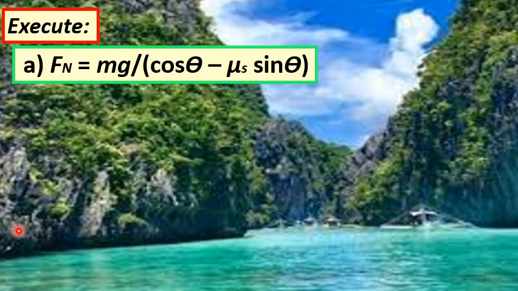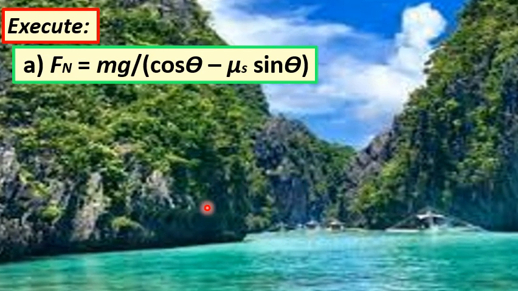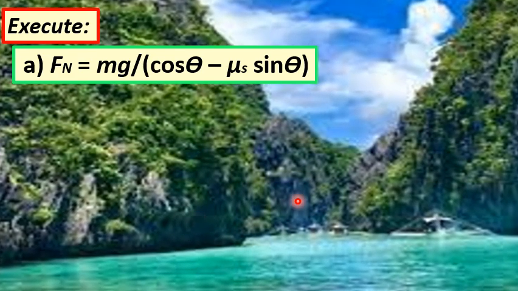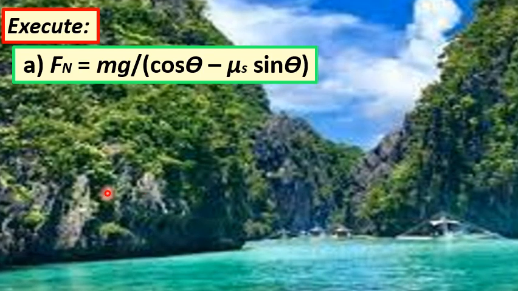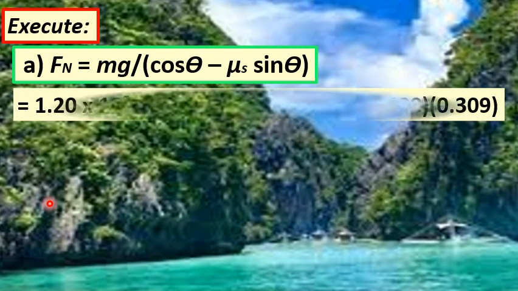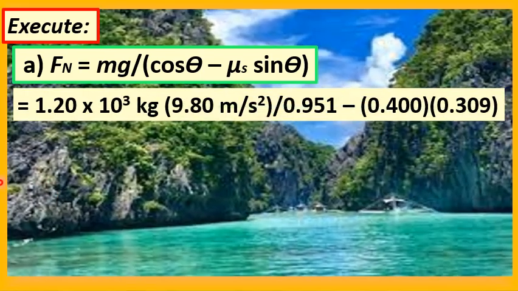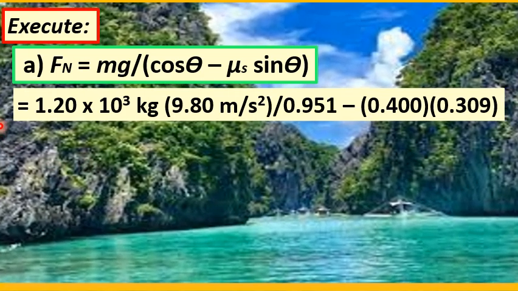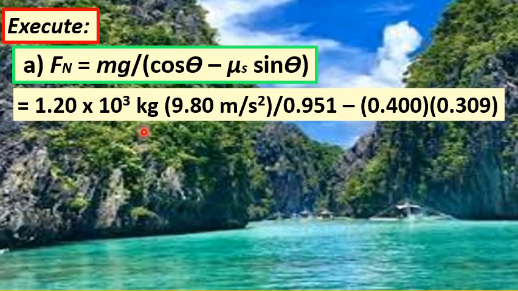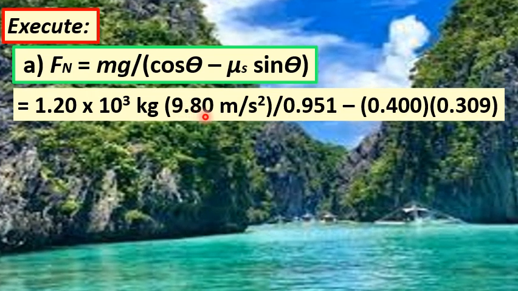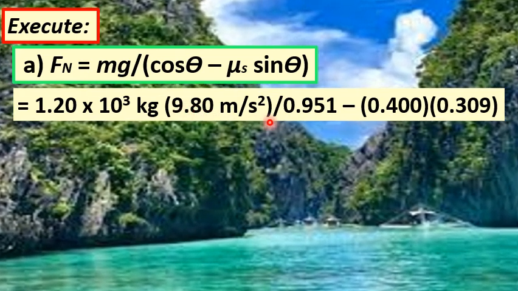So executing our working equations for letter A, finding the normal force F sub n, we have the mass multiplied by g, or 1.20 times 10 to the third power kilogram times 9.80 meters per second squared.